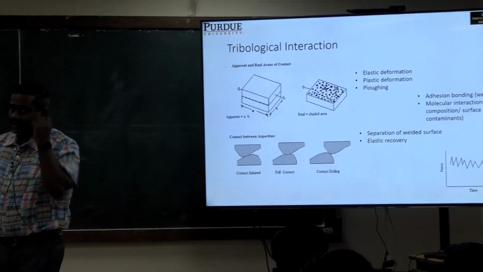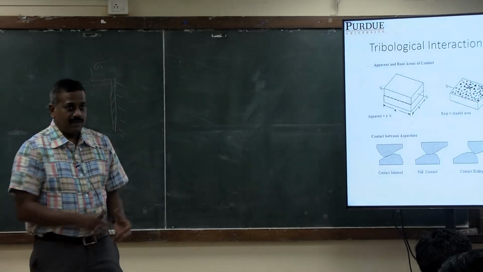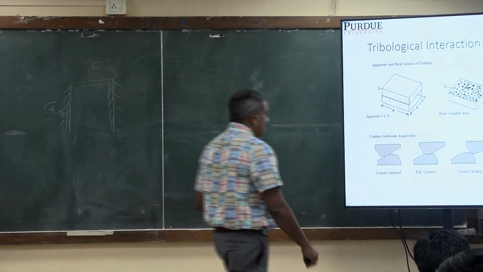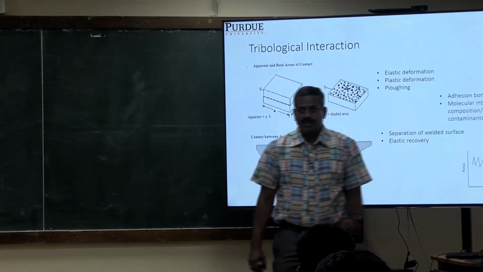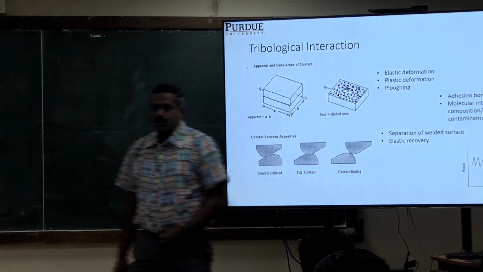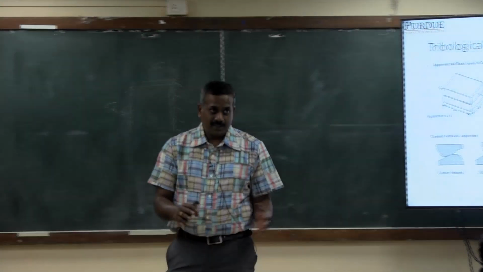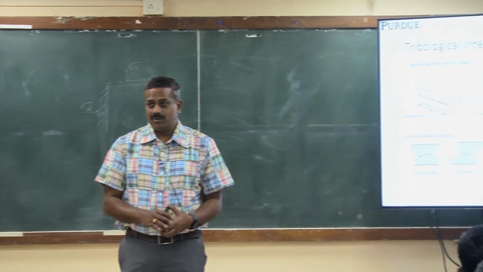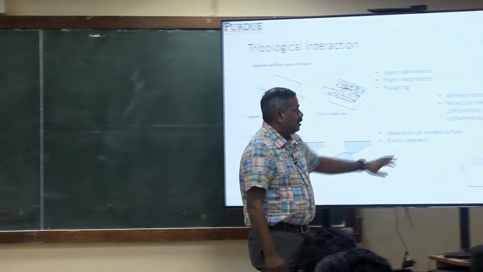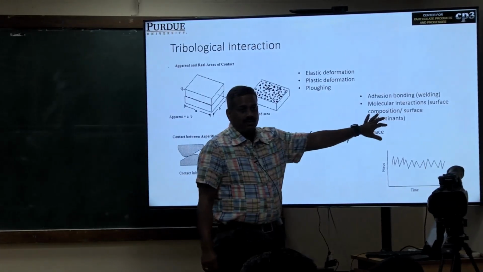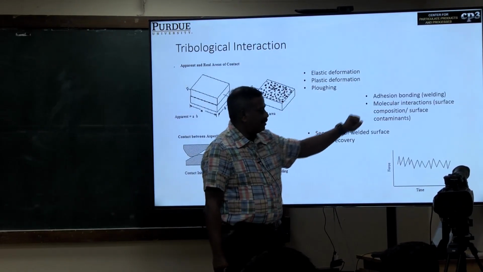If it's the same material, then there will be cohesive bonding. If the materials are different, then there will be adhesion bonding that depends on molecular level interactions. The type of chemical composition, for example in food materials, will define these molecular interactions when two surfaces come in contact.